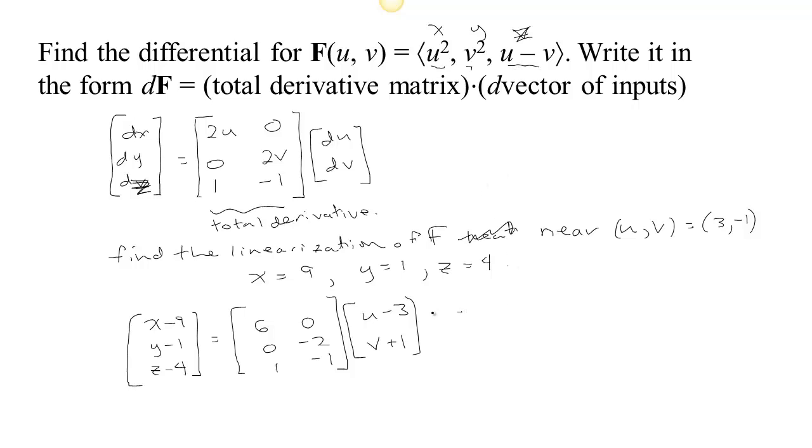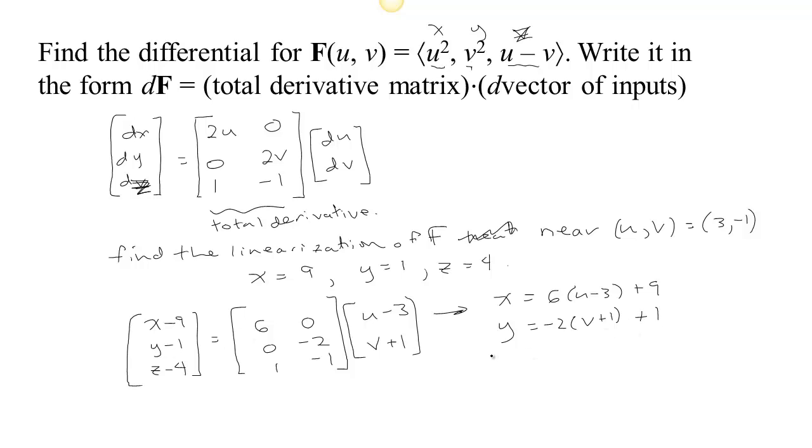So we find that this one says x is equal to 6 times (u minus 3) plus 9, because x minus 9 would be this number times (u minus 3) plus 0 times (v plus 1). I just got x alone by adding 9 to both sides. y is going to be equal to negative 2 times (v plus 1), and then I add the 1 over to the other side, since it was y minus 1.